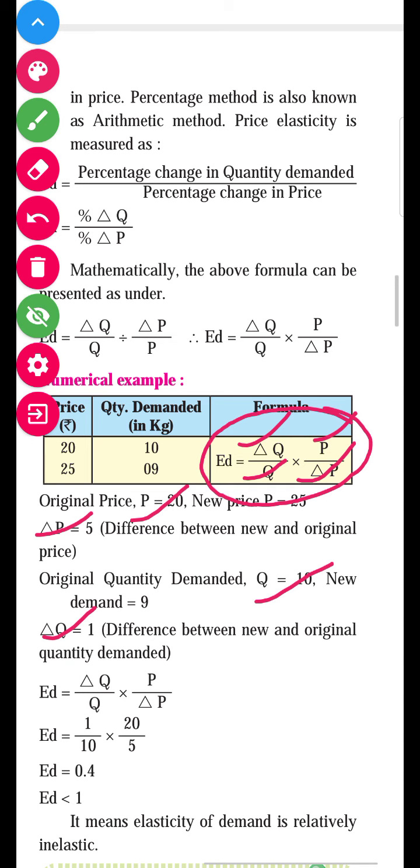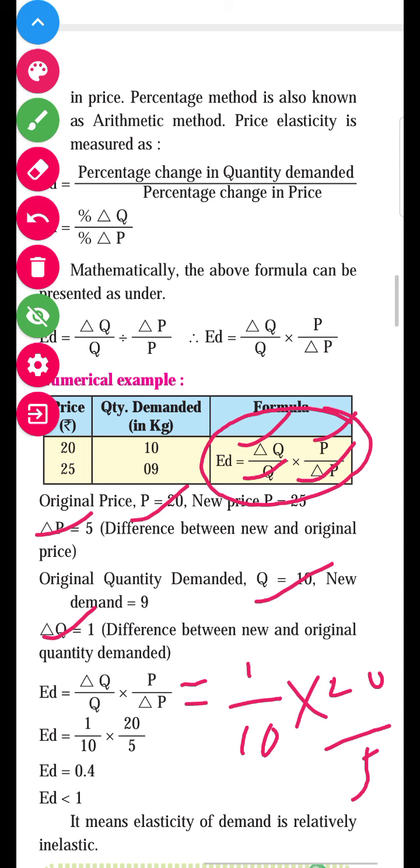Now substitute these values in the formula and find the result. We have to substitute all the values according to their position. Delta Q is 1 kg, original demand is 10 kg, into P, the original price, is 20 rupees, and the price change is 5 rupees.